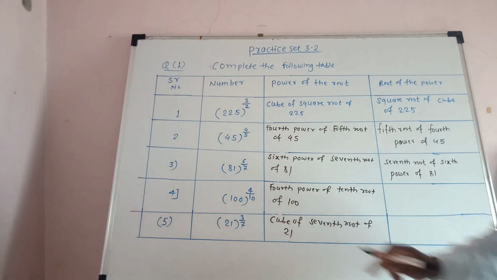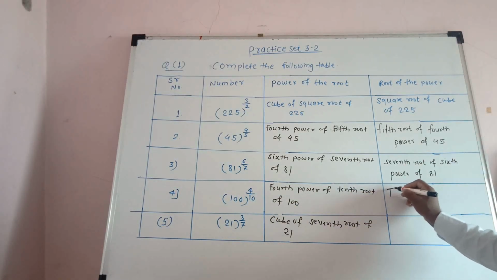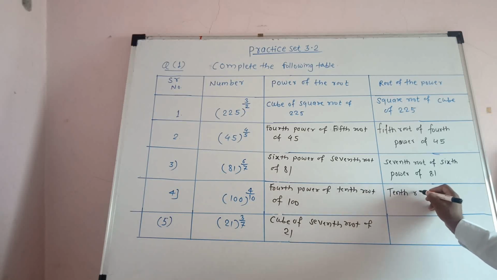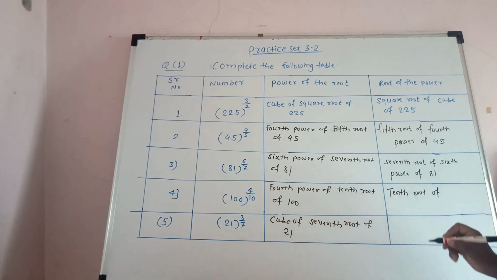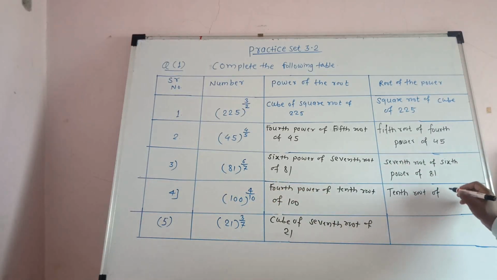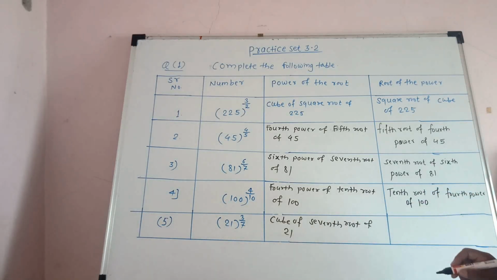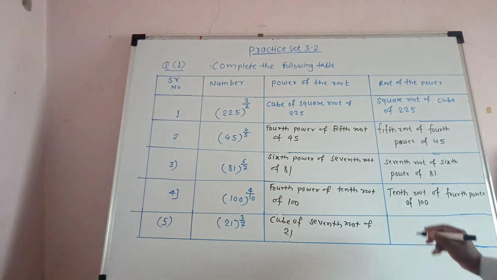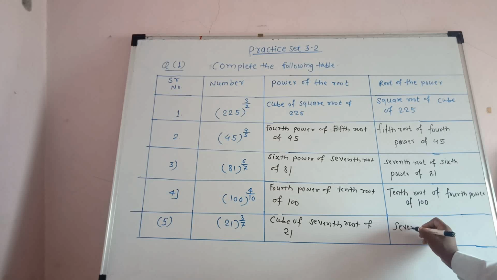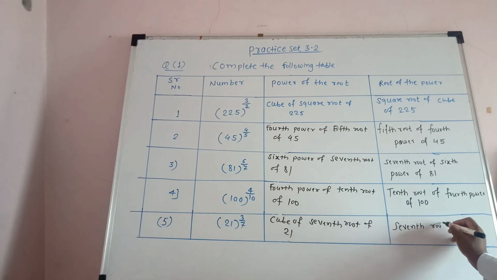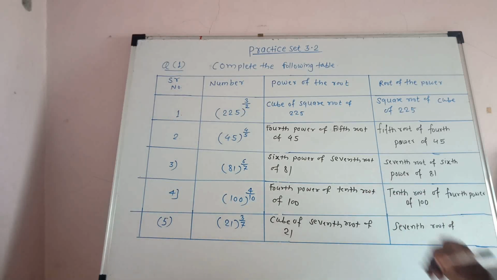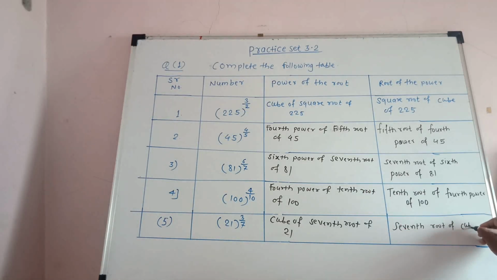Then 10th root of 4th power of 100. Then 7th root of, 3 means cube. 7th root of cube of 21.